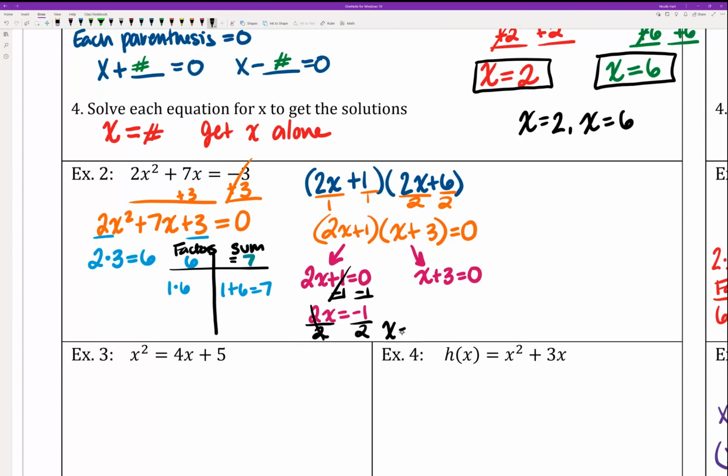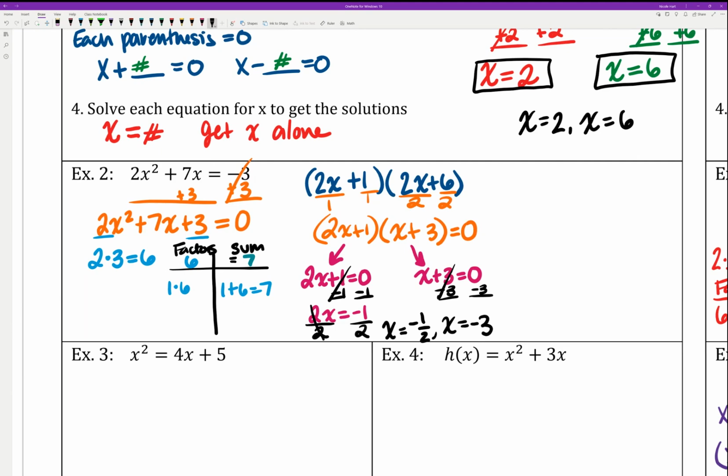And so x is equal to -1/2 for the first term. And then for the second term, we have x plus 3 equals 0. I need to subtract 3 on both sides to get x alone. And that gives me x is equal to -3. So my two solutions are -1/2 and -3.